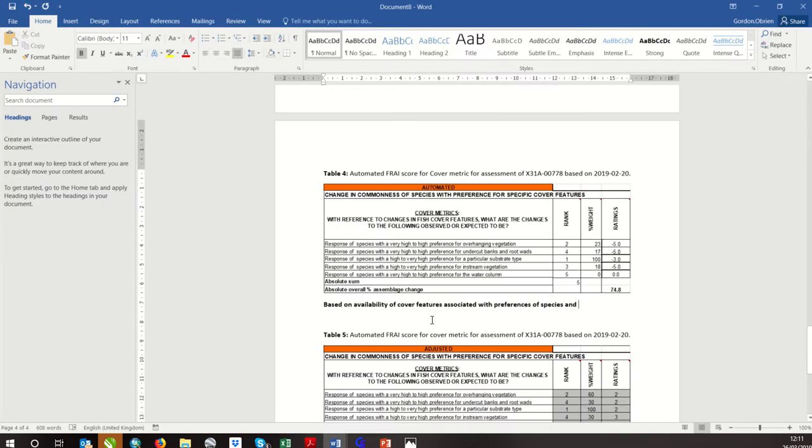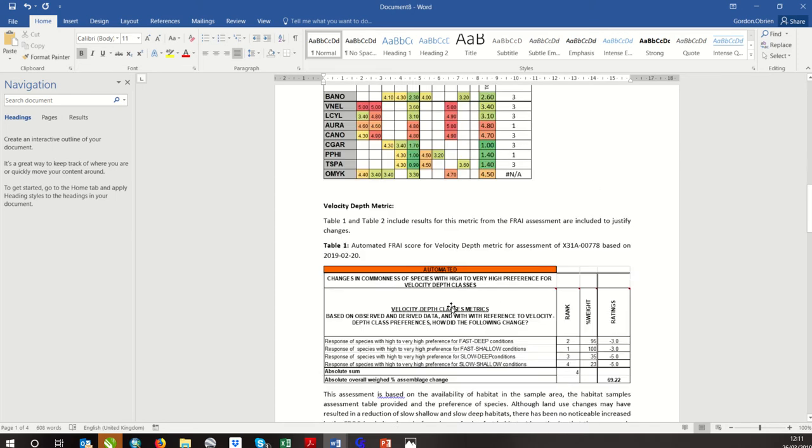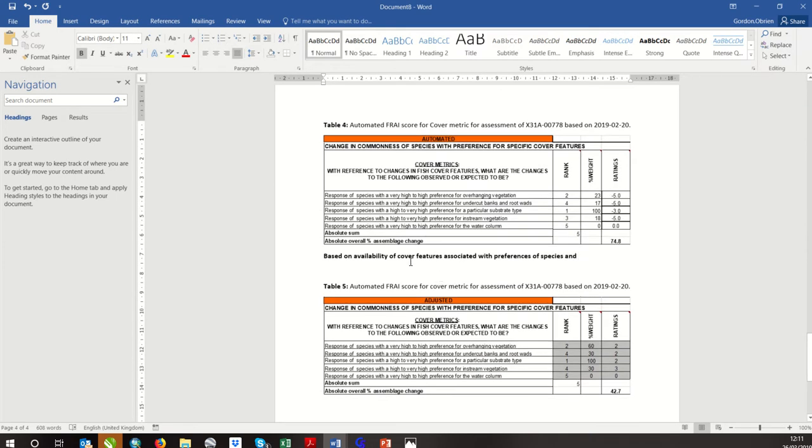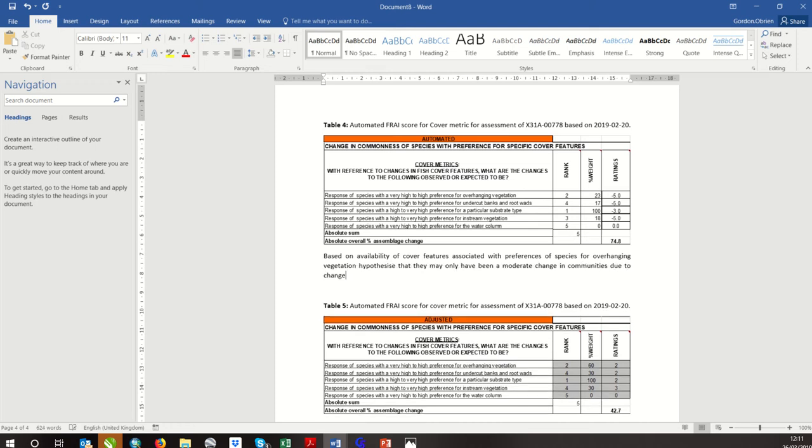Can you see that? So if I go back here, I still found some of these guys. I didn't find any of the others. Okay, but it is there. So I've got to say, based on availability of cover features associated with preferences of species for overhanging vegetation, hypothesize that there may only have been a moderate change in communities due to changes in cover.